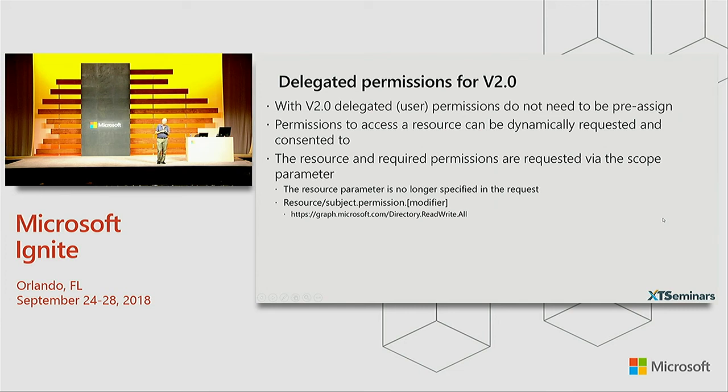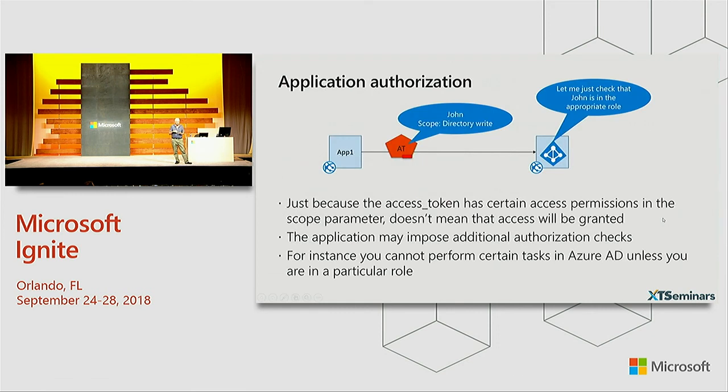It consists of a resource, a subject, dot permission, and then possibly a dot and a modifier. The example I've given is graph.microsoft.com, then the subject is directory, and we're going to read, write, and it's for all. So that's the way we request them.